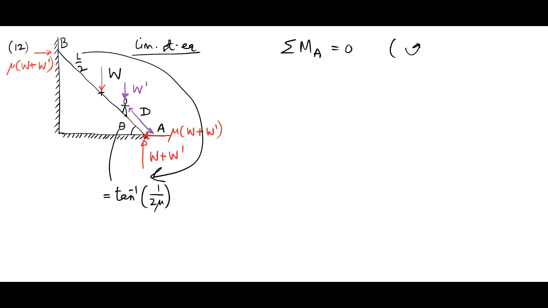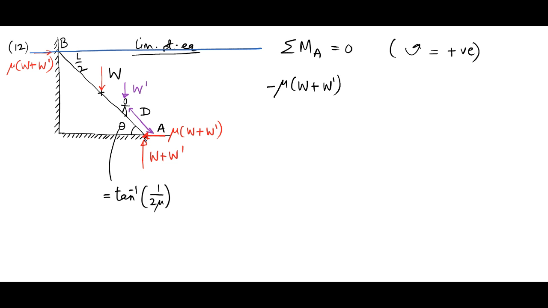Let me assume, as usual, although it's not compulsory, that anti-clockwise is positive, and therefore this moment is going to be negative, and so it's going to be minus of, I write the force, mu times W plus W dash, that's the magnitude of the force, and then I want to multiply by the distance between this line of action and point A, so obviously this distance, which is the same as this distance.